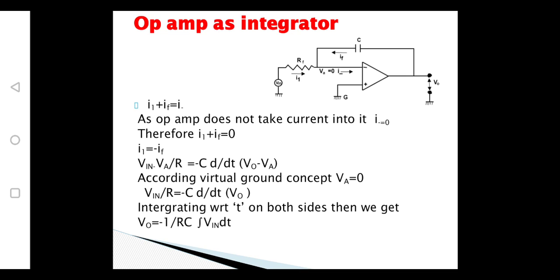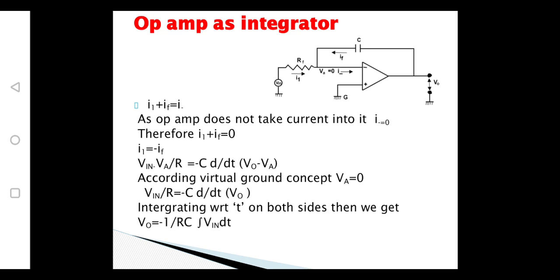And if we integrate with respect to t on both sides, we'll be getting an expression in terms of output voltage and input. That is, the output is minus 1 by RC integral of the input voltage.